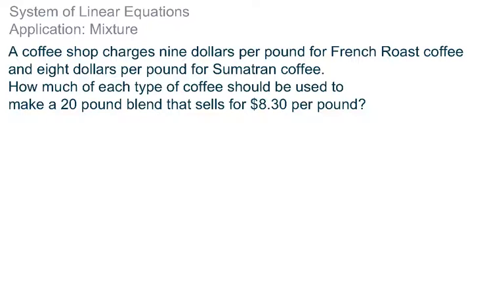So as we work through these problems, we always want to read them first, and then we want to determine what our variables are going to be. And the variables are determined by looking at the question part. And this says how much of each type of coffee. All right, so we have two types of coffee. We want to know the pounds for the French roast, and I'm going to indicate that by using the letter F for French roast.